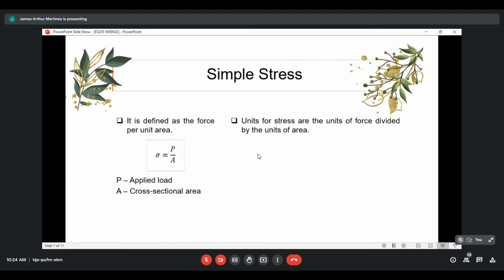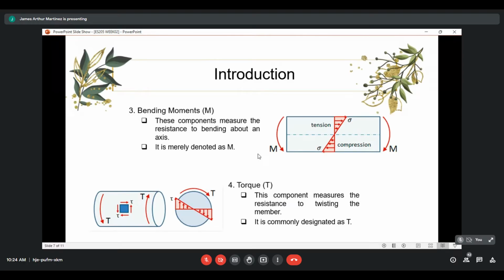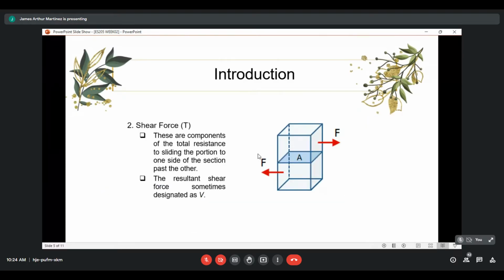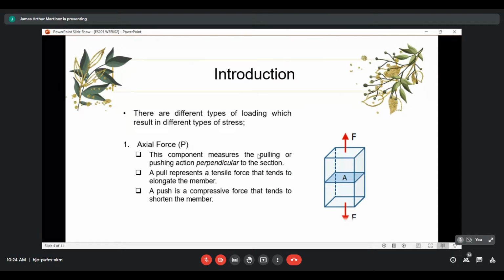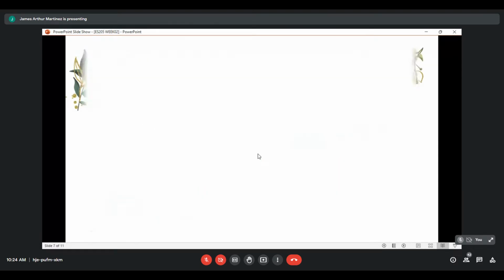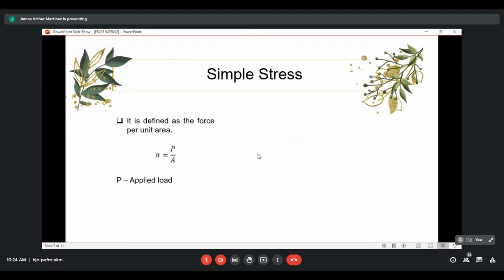So again, these are our definitions from our introduction: shear force is parallel to your cross-sectional area, and axial force is perpendicular to this section. So for normal force or normal stress, the area you consider in your cross-section is perpendicular to the force.